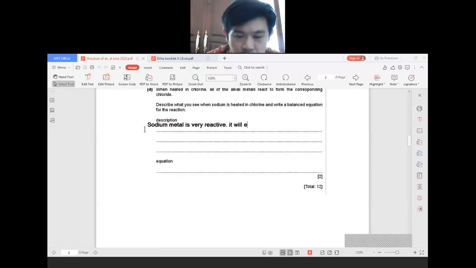It will have an exothermic reaction when it is exposed to air. Okay, when exposed to air.